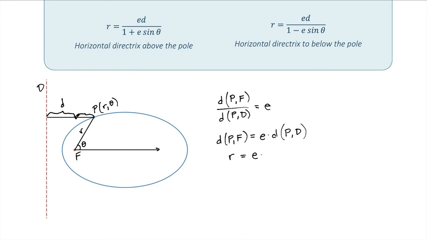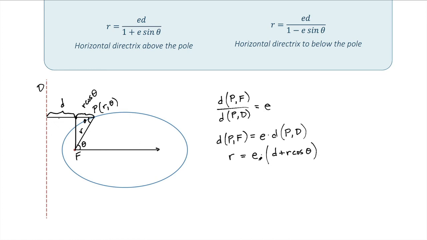If I drop that down right there, this angle is theta. And so then we know that cosine of theta is this length over r. In other words, this length here is r times the cosine of theta. And so here I have E times, and then this distance from P to the directrix is the sum of those two things, D plus r cosine of theta.